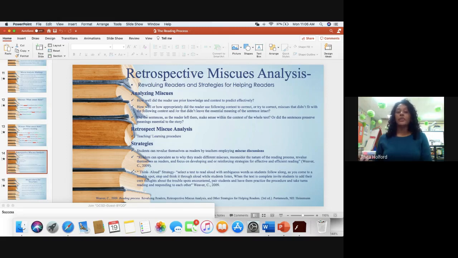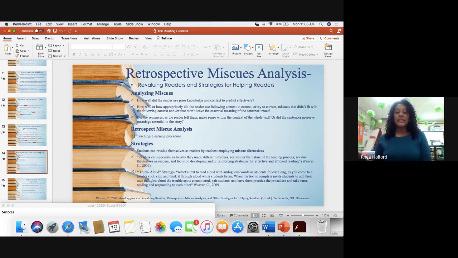So it's revaluing the readers and strategies for helping readers. So analyzing miscues, you want to ask, how well did the reader use prior knowledge and context to predict effectively? How well or how appropriately did the reader use following context to correct or try to correct miscues that didn't fit with the following context and or that didn't leave the essential meaning of the sentence intact?